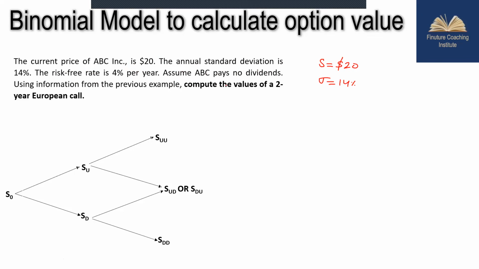And no dividends. So maybe the case that we are looking at is with no dividends. There is a slight tweak in the formulas, but just for basic understanding, I have kept it for no dividends. Using this information, calculate the value of your 2-year call option.